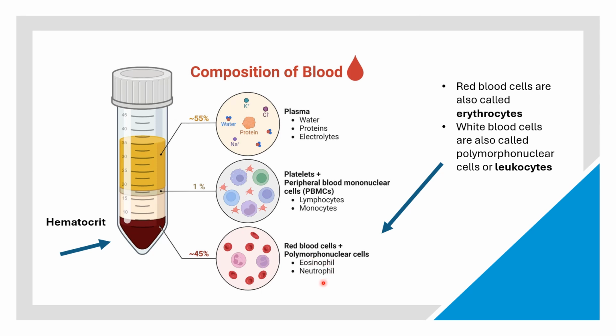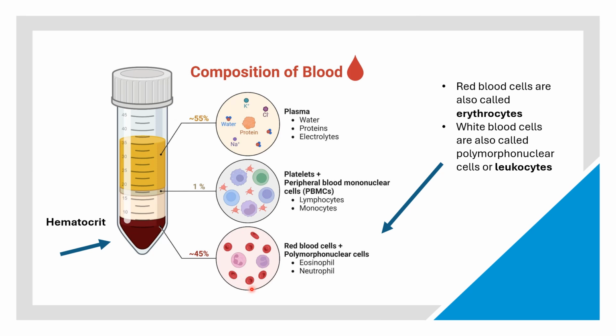Eosinophils and neutrophils are white blood cells that are examples of those polymorphonuclear cells. So you have red blood cells, and you can see what they mean then. The dark purple in both of them is the nucleus that contains the DNA material.